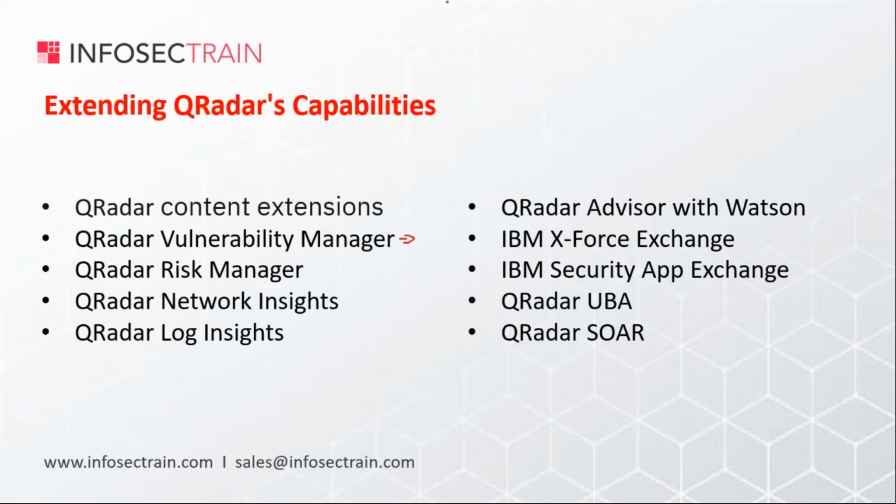If your asset has more information, QRadar will be able to create more alerts on the same basis. Even if there is any vulnerability, QRadar can detect it, generate the alert, and apply it on those particular assets.